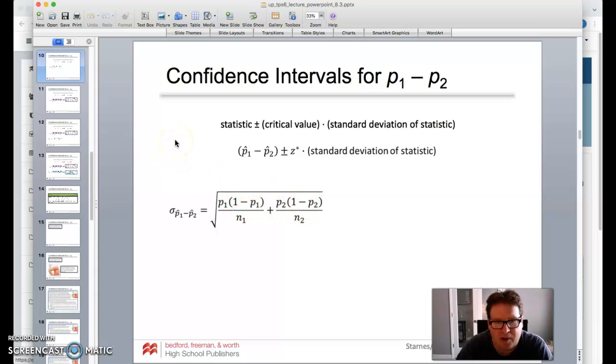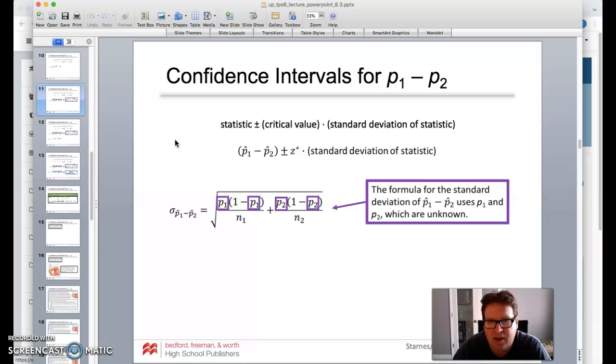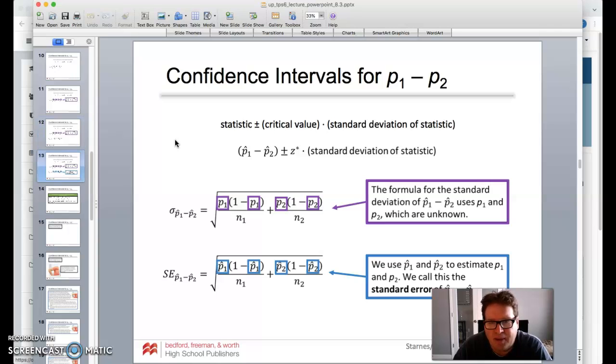Since the true proportions are unknown, we use our estimates, p hat, so we adjust the formula a little bit. We call that the standard error.